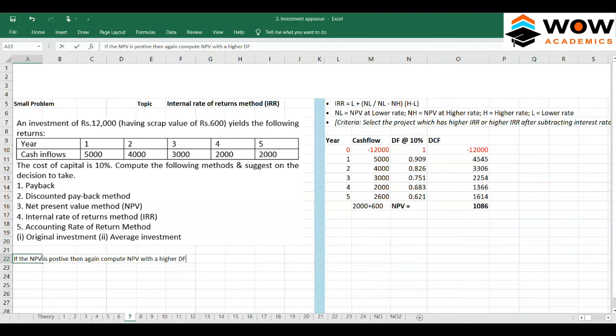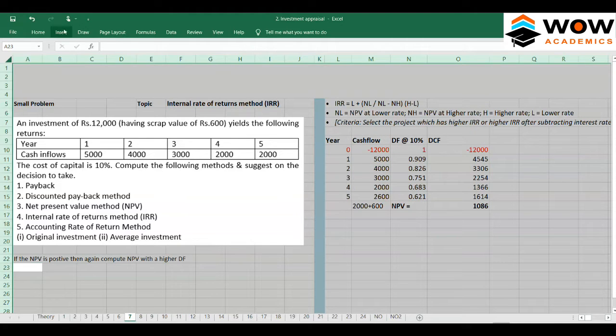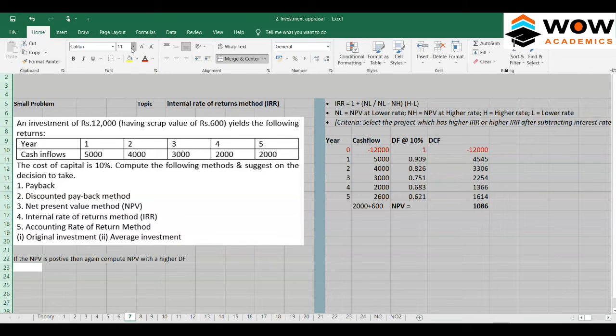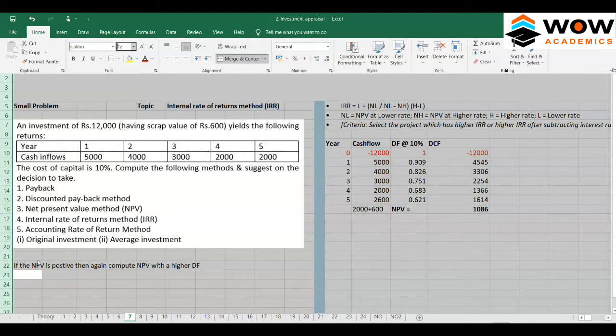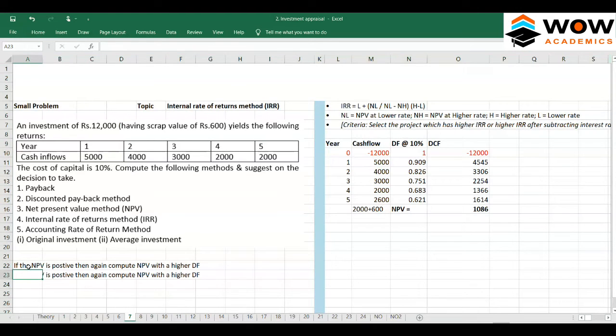Assume that it is negative, then what should we do? If the NPV is negative, then again compute NPV with a lower discount factor. These are the steps for IRR. These are very important steps, so you have to note them.